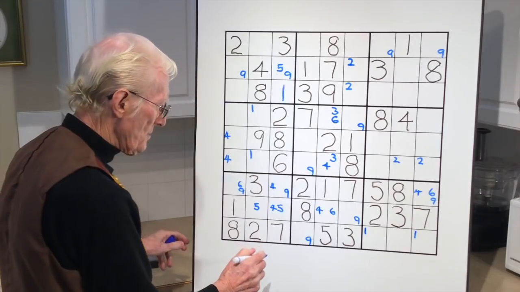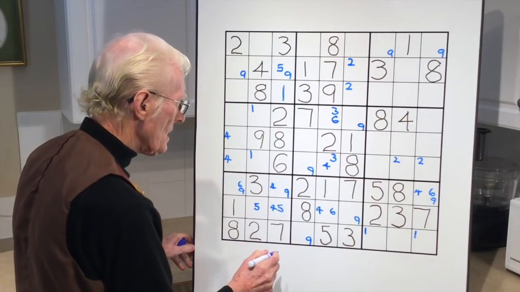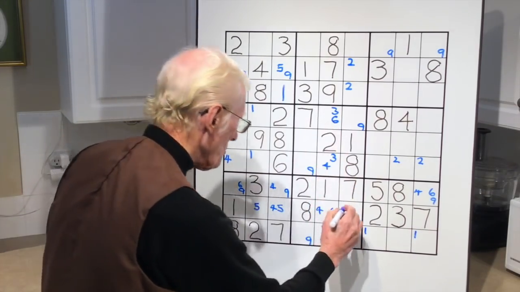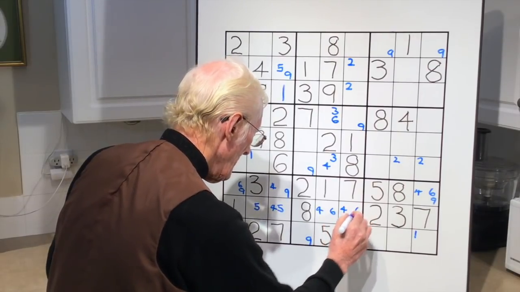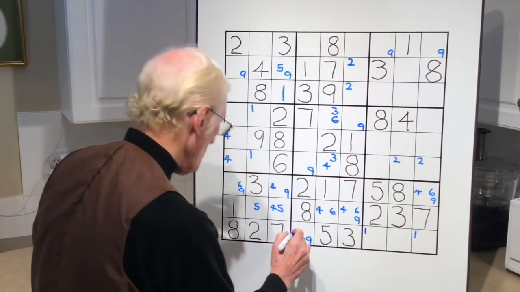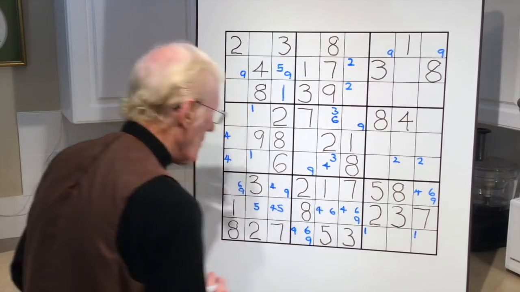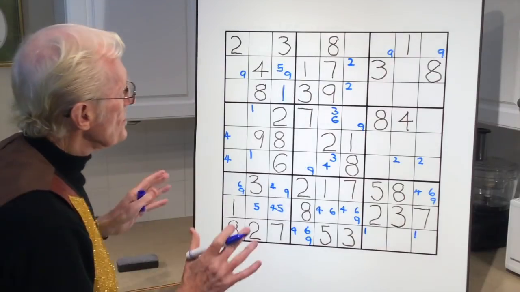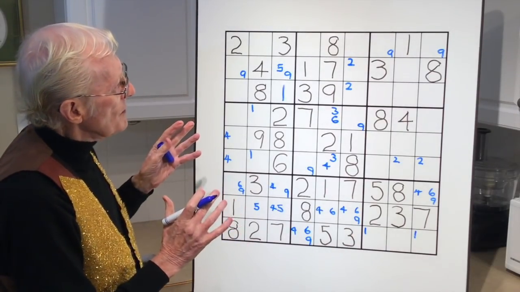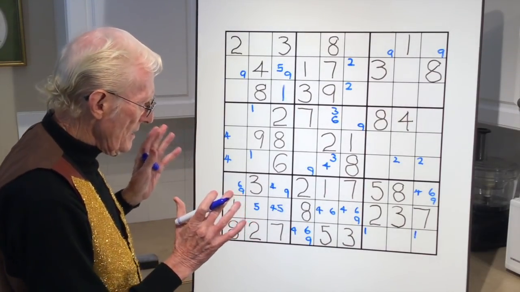Let's see what the numbers left are. There's a 4, 6, and a 9. Looking up and down, this would be a 4, 6, 9, and this would also be a 4, 6, 9. Now we've done the cells where in a row, column, or block there's only basically 3 empty cells.